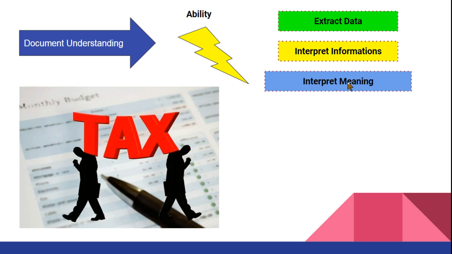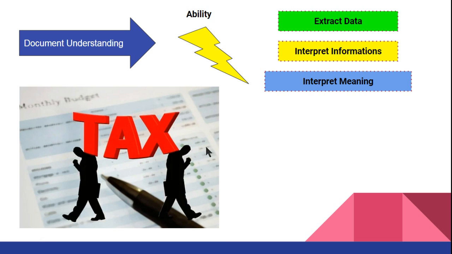Imagine a big paragraph. If you give it to a computer, will it understand what is written? It can read it and know where is what, but interpreting meaning is a human thing. That is what is being done using artificial intelligence and machine learning. So that is where document understanding is very important: not only extracting the data, but interpreting information and meaning.